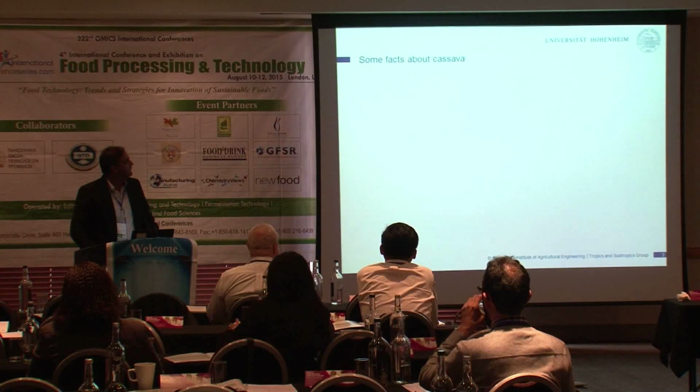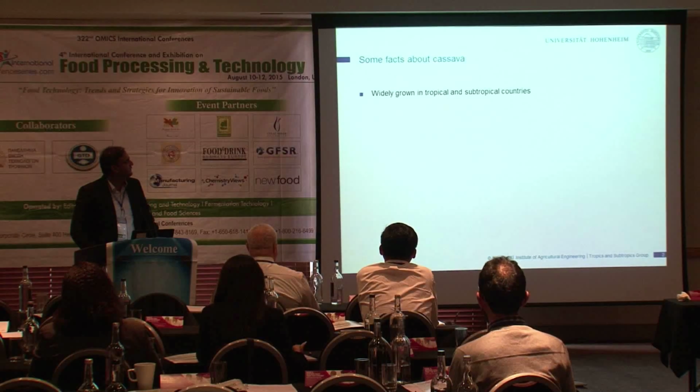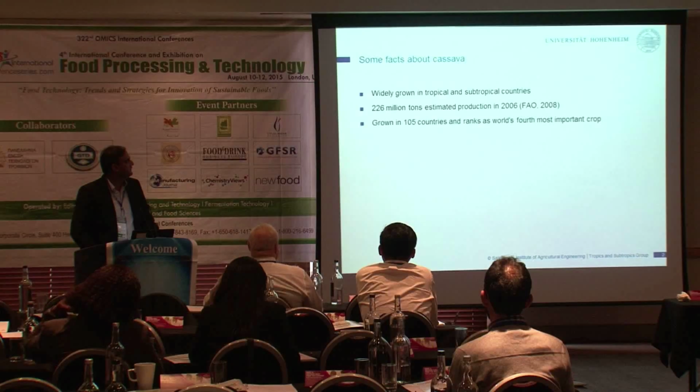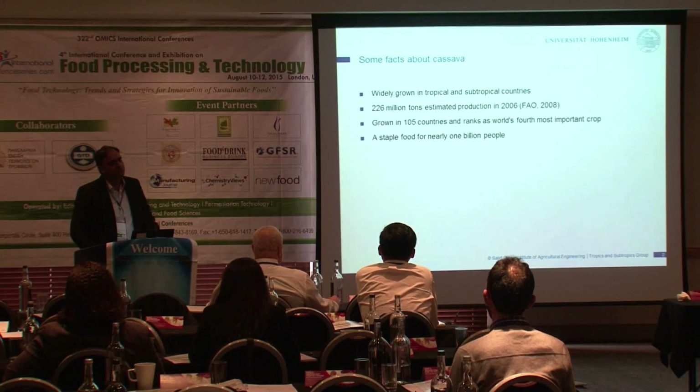So, a few words about cassava. It's widely grown in the tropical and subtropical countries. 226 million tons is the estimated production in 2006, grown in 105 countries, ranked fourth most important crop, a staple food for 1 billion people.